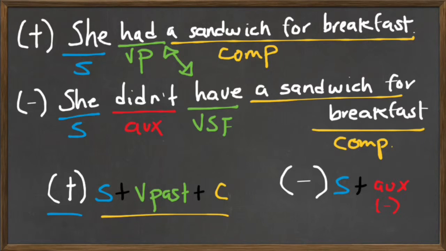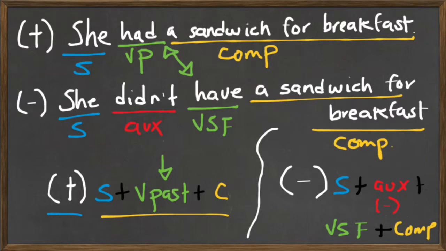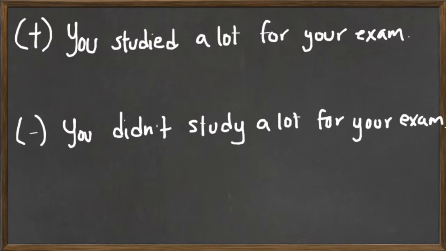We finished it. However, in negative we still require the verb in simple form, which is different from this. And after that we are going to use our complement. Okay, keep this in mind. Don't forget it when you express yourself in English, please. It's very necessary.